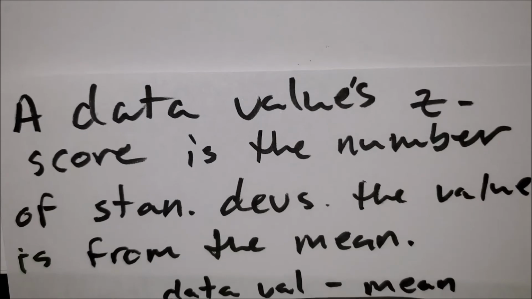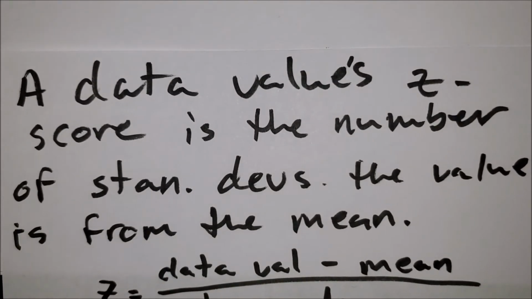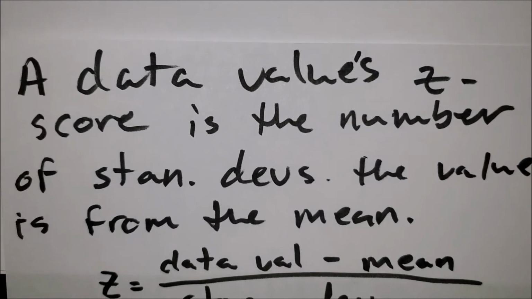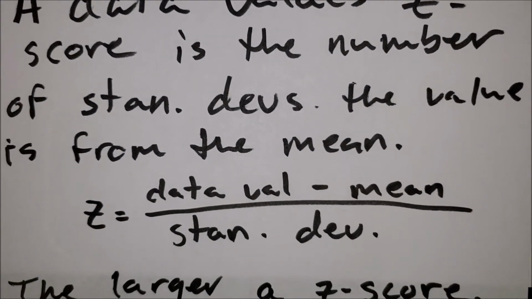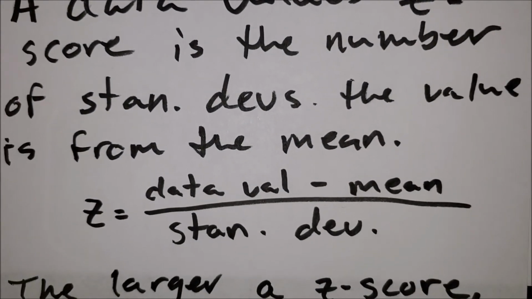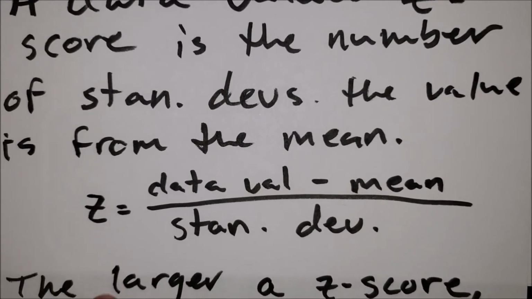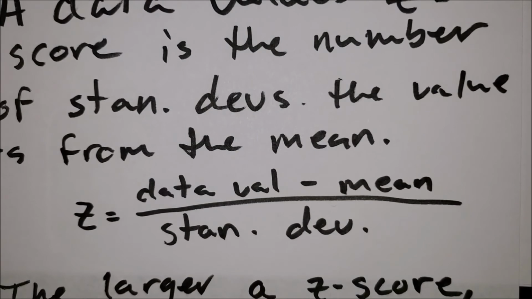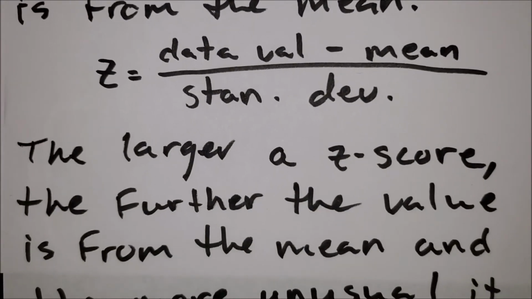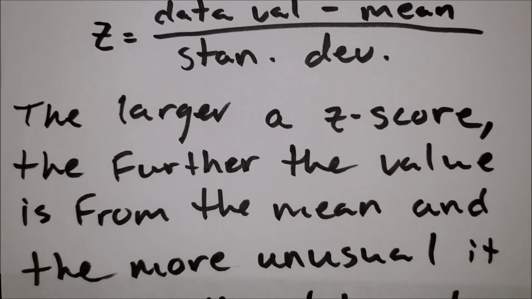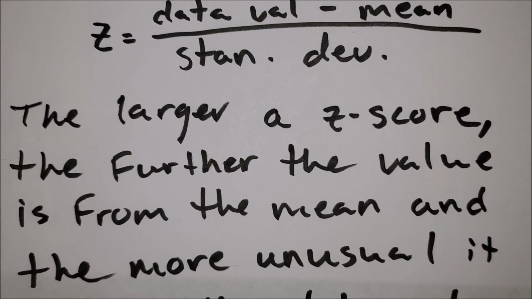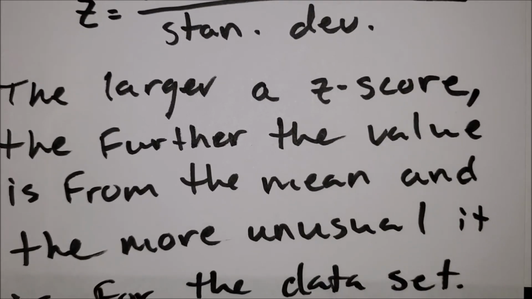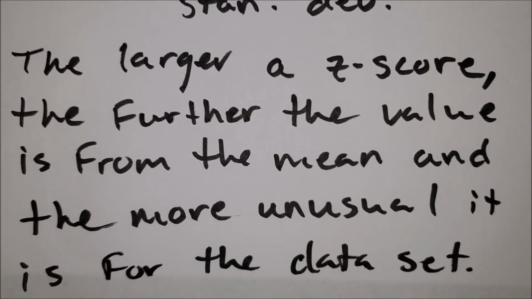The next thing we're going to talk about is a data value z-score. A data value z-score is the number of standard deviations that the value is from the mean. And z is calculated as the data value minus the mean divided by the standard deviation. The larger a z-score, the further the value is from the mean, and the more unusual it is for the data set.